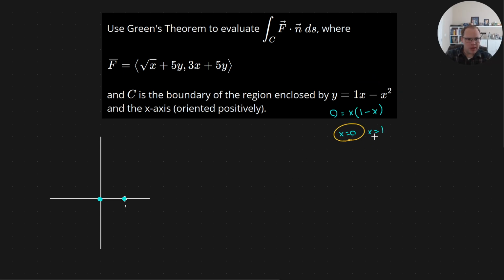And because the x-intercepts are 0 and 1, the vertex must be at 1/2, right? A parabola is symmetric. So if I plug in 1/2, I will find the x and y values of the vertex. Plugging in 1/2 for x, I get 1/2 minus 1/2 squared, which is 1/2 minus 1/4, which is 1/4. So the vertex occurs when x equals 1/2 and y equals 1/4. So right about there.